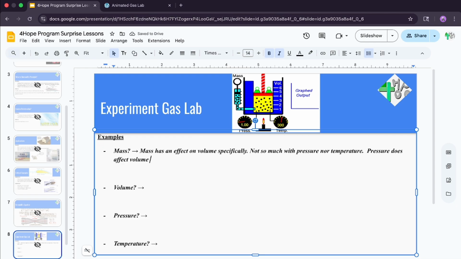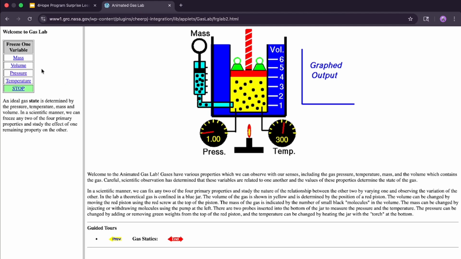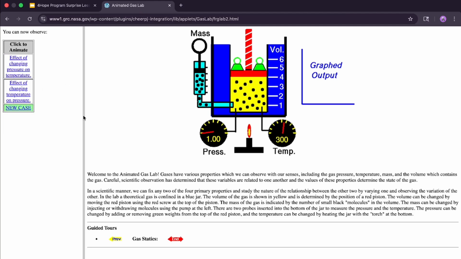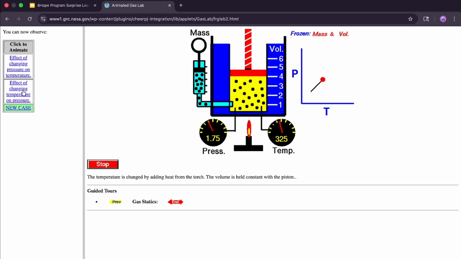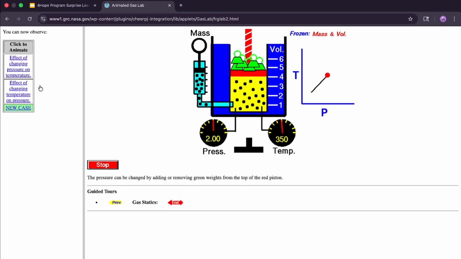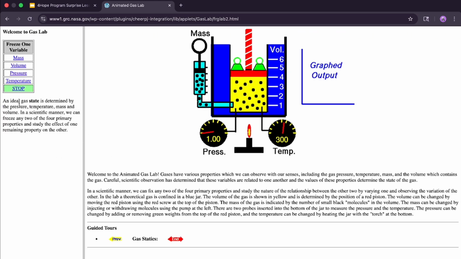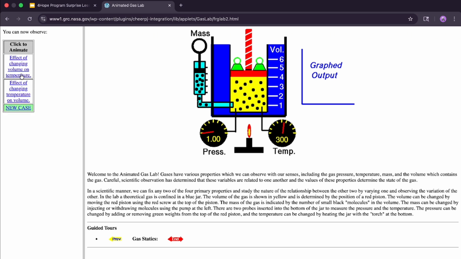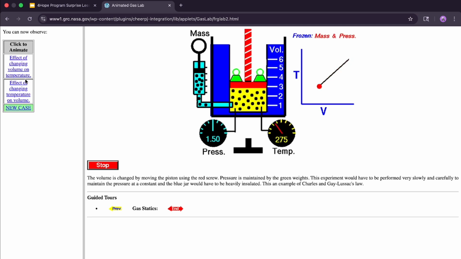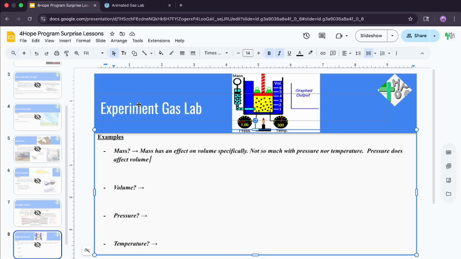If you freeze the mass, you can see here. Wait, not this one. Not temperature. Sorry, we were going to volume, right? Yeah, so volume on temperature. When we're talking about pressure, volume on temperature, it decreases. You can see this one over here is decreasing. So mass has an effect on volume specifically.